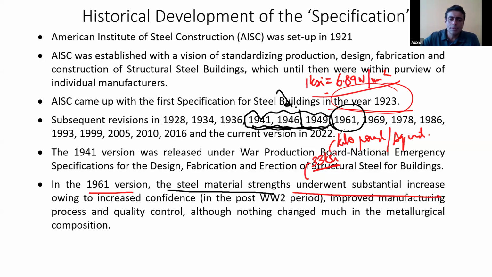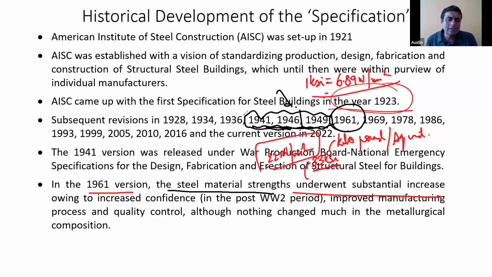Just multiply 33 into 6.89. Around 227. So 33 KSI will be around 227 newtons per mm square material strength.